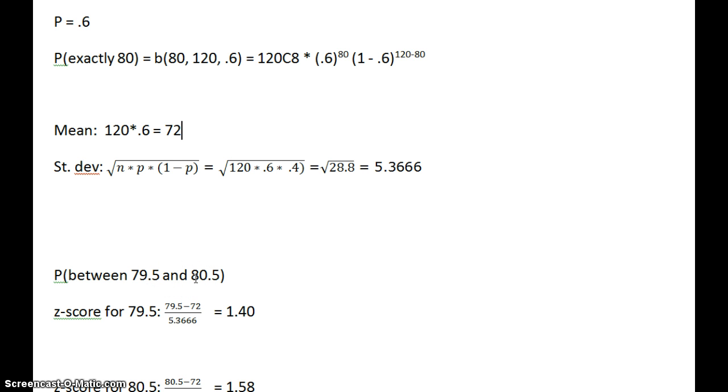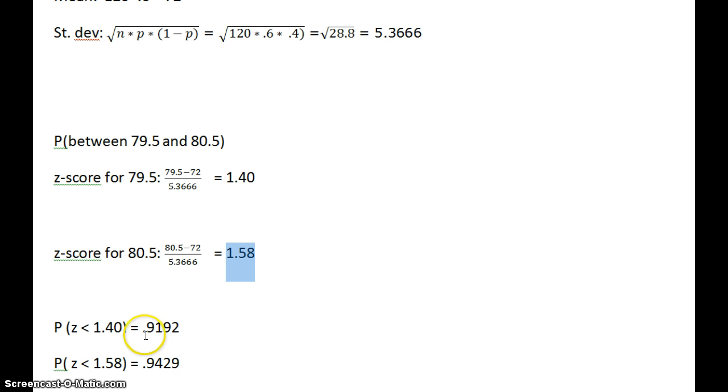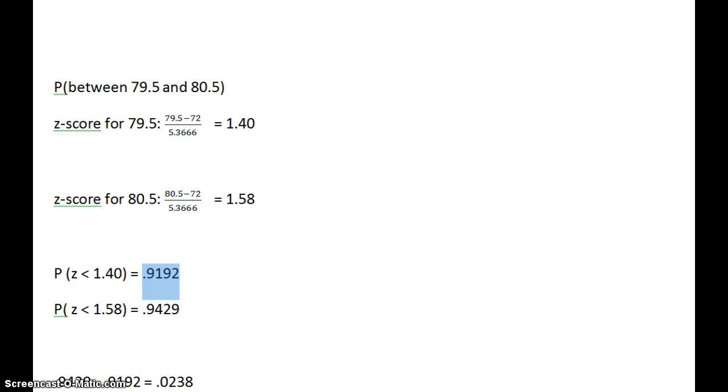So again, from chapter 10.4, we just look up the z-scores and then use the chart to approximate. So for 79.5, you take that number minus the mean, divide by the standard deviation, you get that z-score. For 80.5, you get that z-score. And just look those numbers up in the chart, and you get them. Subtract the small one away from the larger one, and you get 0.0238.